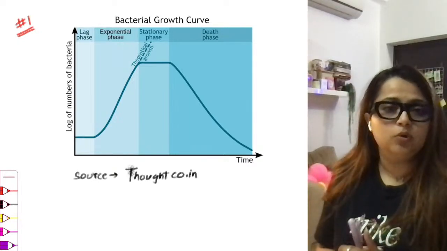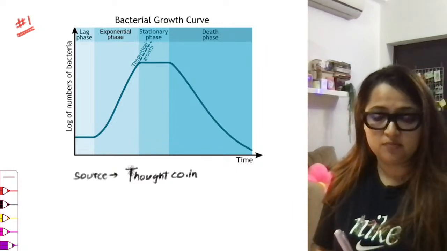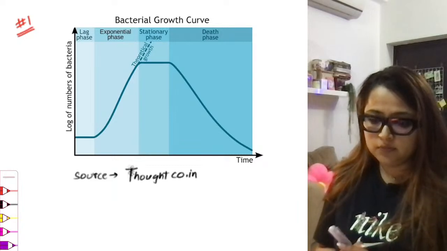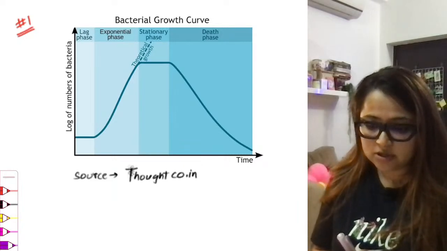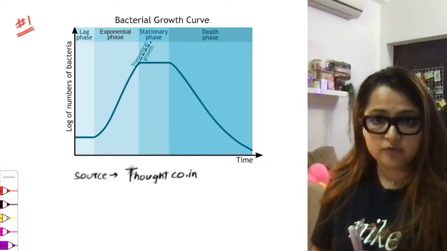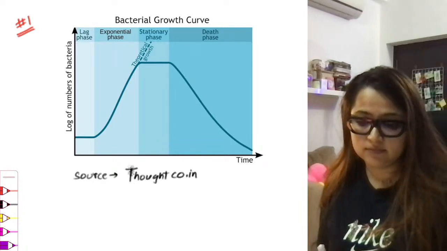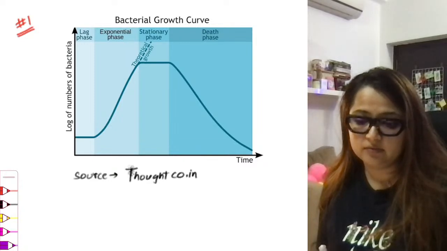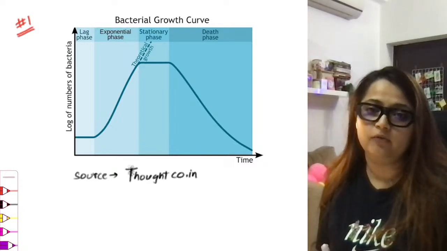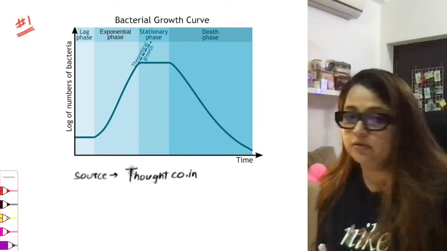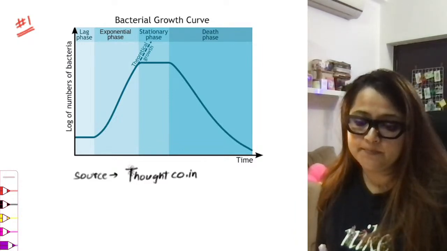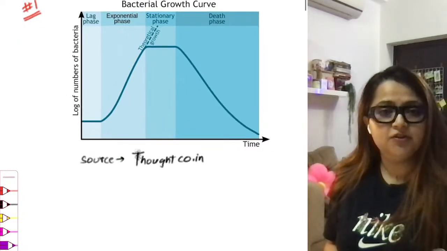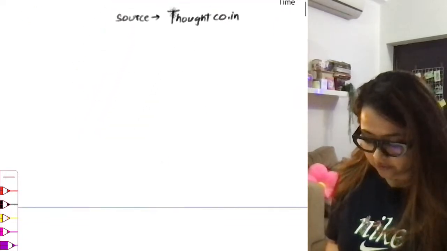If I ask you, what is specific about the exponential phase of the bacterial growth curve? Can anyone tell me what happens in the exponential phase? Okay, let us try to understand the different things during different phases.